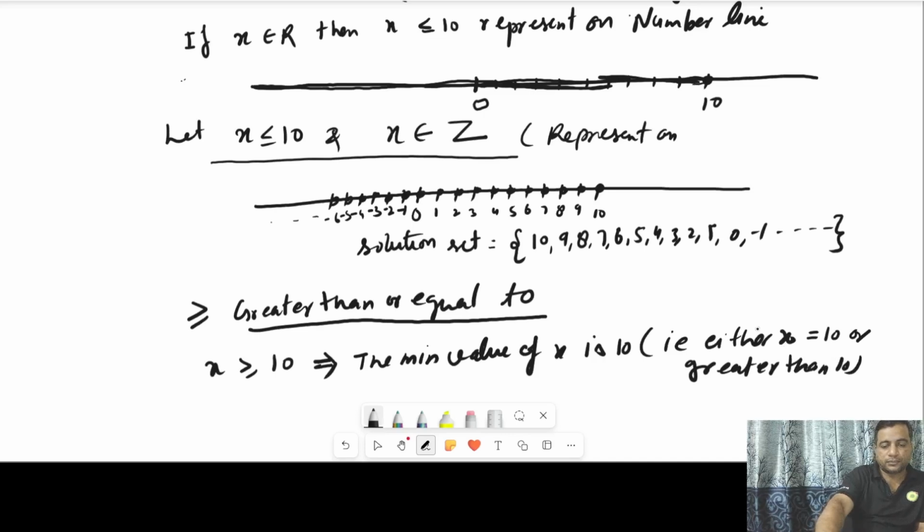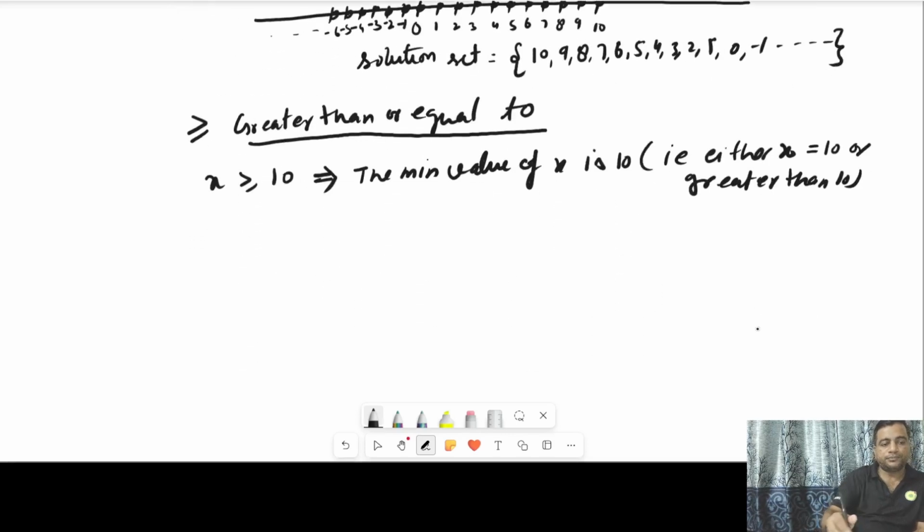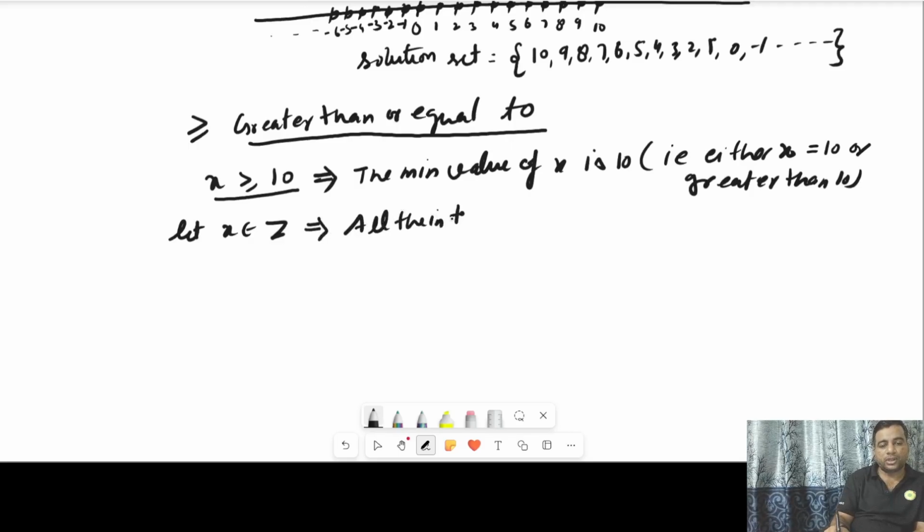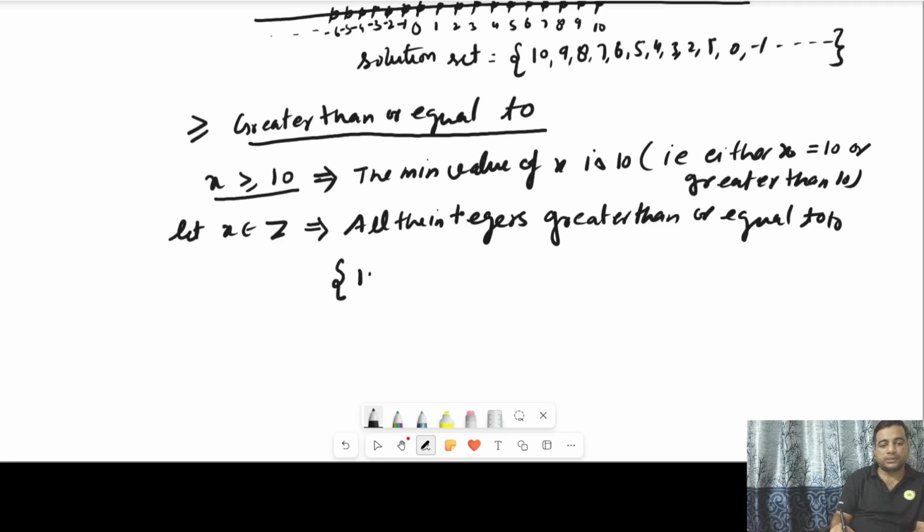So, let x belong to Z. It implies that all the integers greater than or equal to 10 mean the solution set becomes 10, 11, 12, 13, 14, and so on.